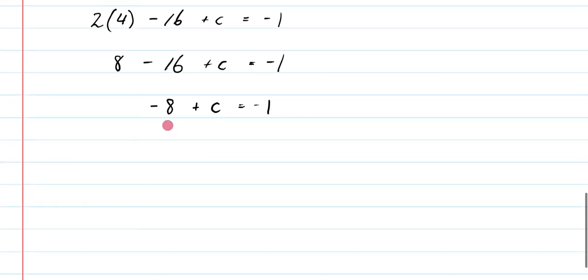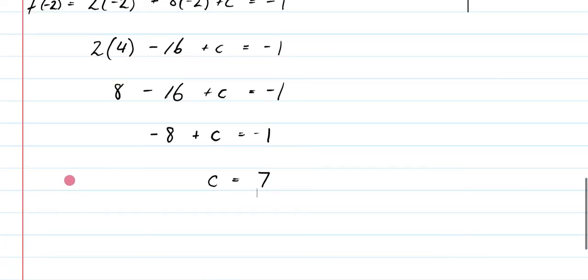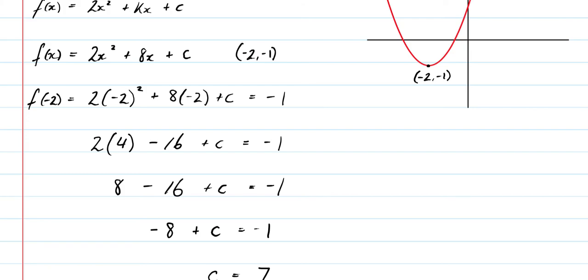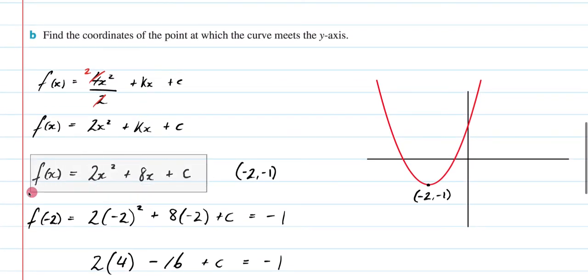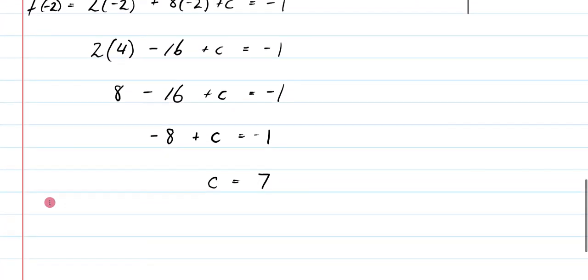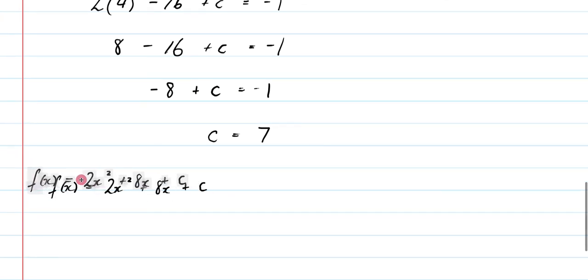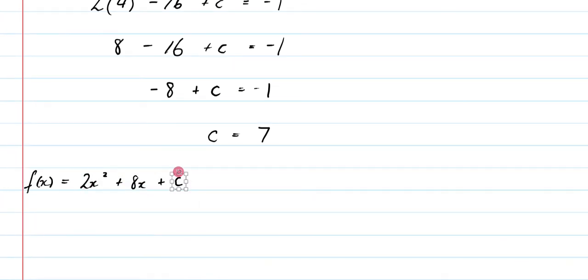I then have to add 8 to both sides, so c is going to be equal to 7. That means I'm now going to come back up here. This question is taking longer than I expected. I'm going to come up here and put this in. C is 7.